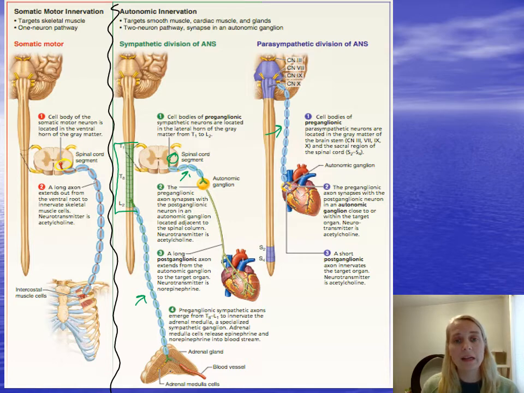The preganglionic neuron is myelinated, but the postganglionic neuron, and there's a tiny little one right here, is unmyelinated. That's something that we'll bring up also towards the end of this lecture series: preganglionic neurons are myelinated, postganglionic neurons are unmyelinated.